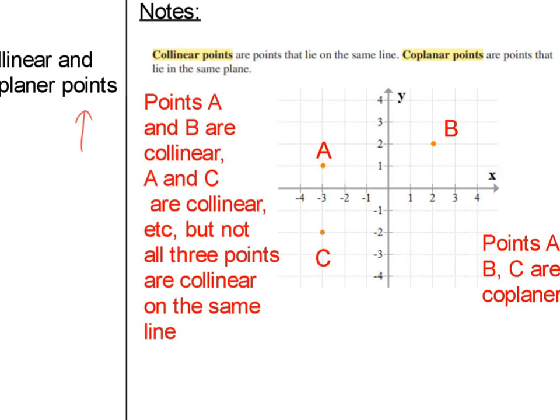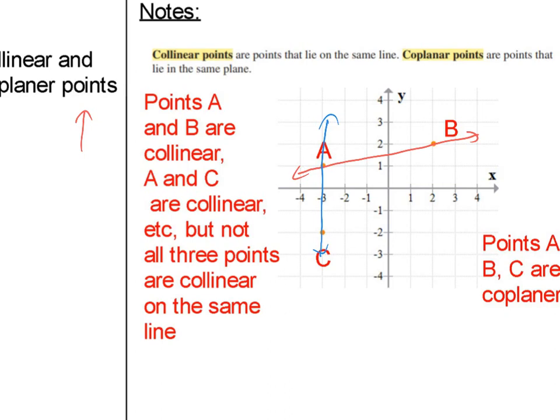If I can draw a line through any 2 points, I can draw a line through points A and B, and those are considered collinear. The same can be said about A and C. I can draw this vertical line through AC, and those are also considered to be collinear.